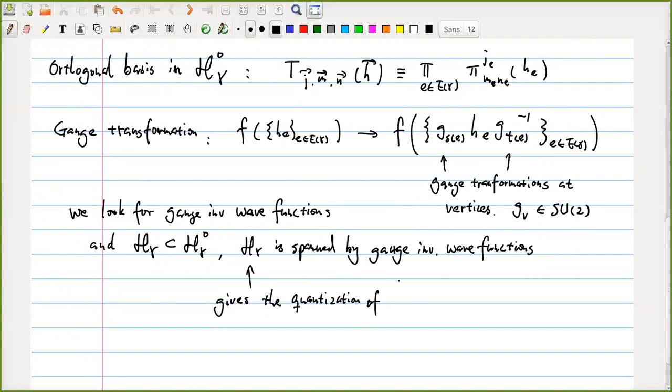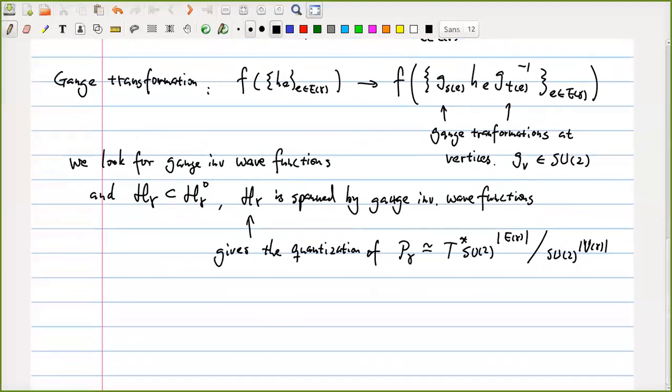It's a quantization of our phase space P gamma, which is the cotangent bundle of SU2 to the power of the number of edges, modulo gauge transformations. All right, so this is our goal.